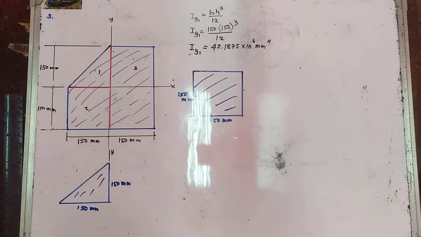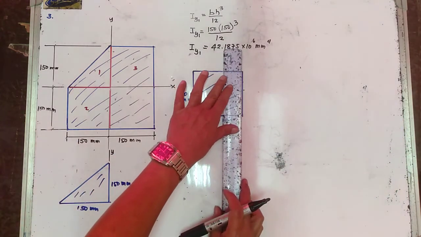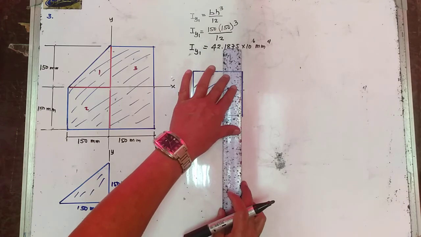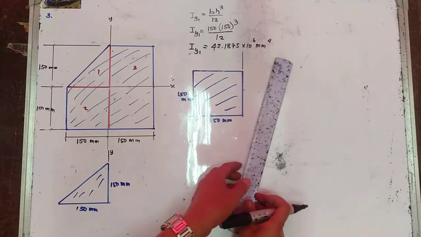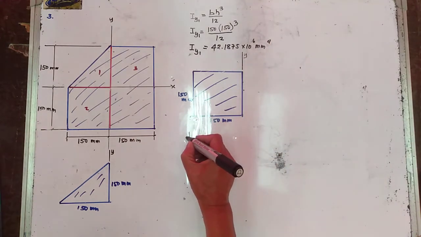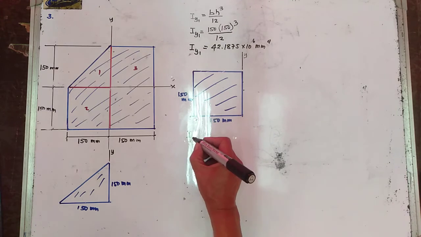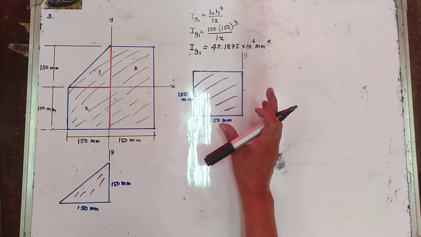Now, we have the x-axis as another y-axis. So we are required to determine the moment of inertia about the y-axis. This is now the y-axis. So, the moment of inertia of the second area about the y-axis is now equal to, again, we have a rectangular area.